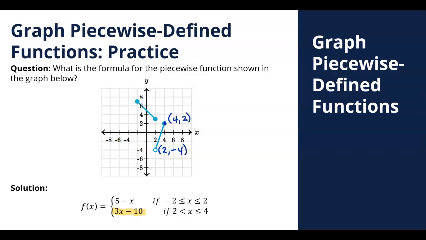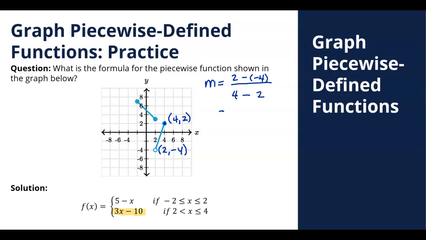And then solve for the slope. The slope is the change in y, 2 minus negative 4. Just subtract those two, divided by the difference in the x coordinate. So you have 4 minus 2.